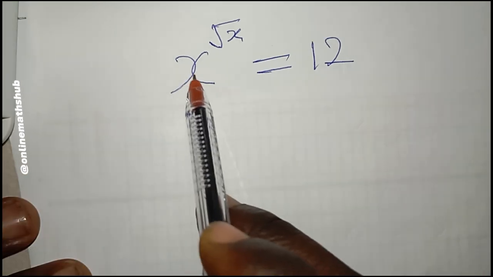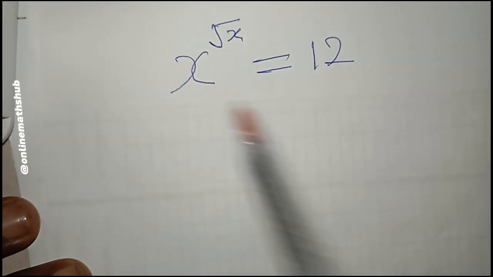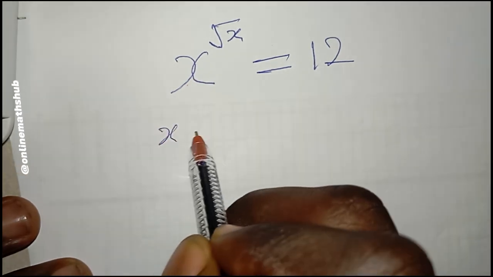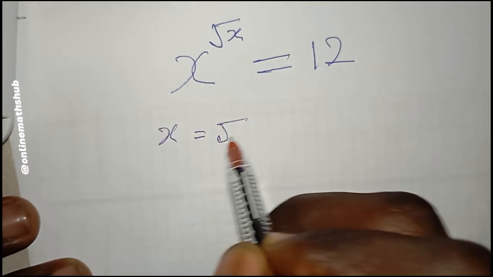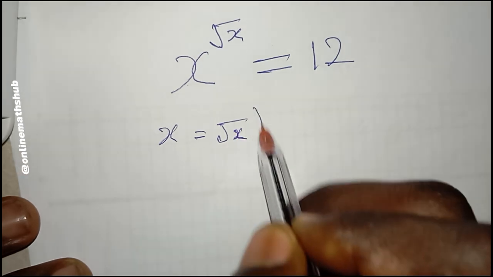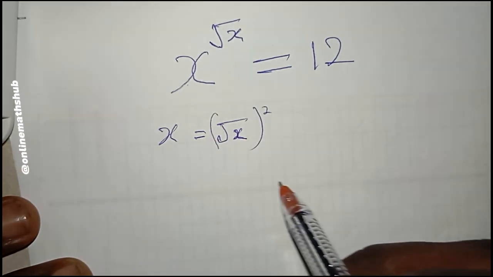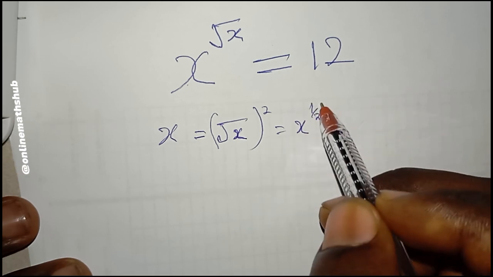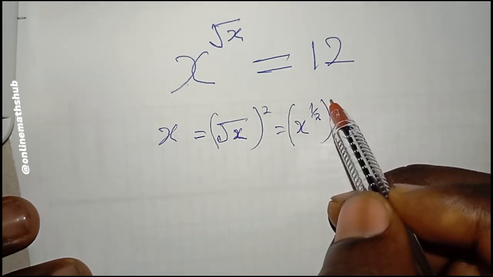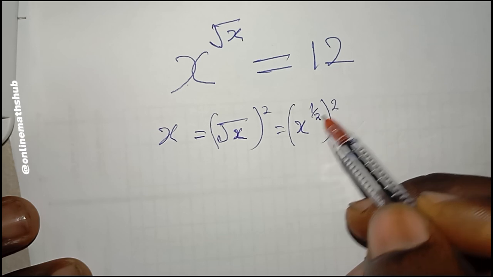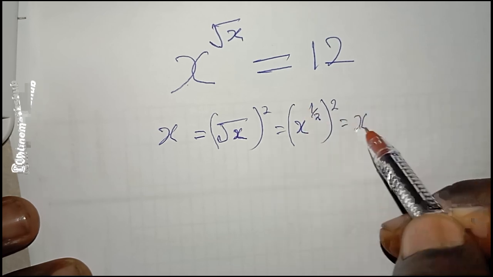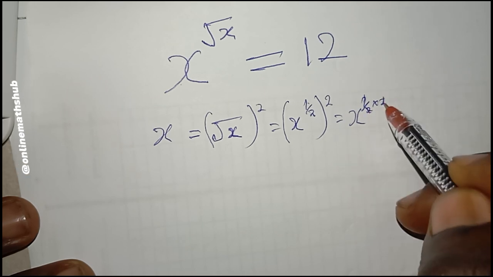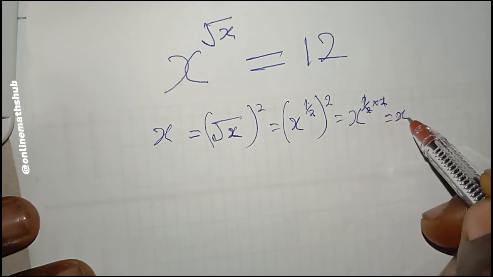As we proceed, what I'm going to do is rewrite this x right here. You know that x is the same thing as writing root x, and then power 2. This root x is the same thing as writing x raised to power 1 over 2, then power 2, so that when you multiply this 1 over 2 by 2, these will cancel, and you are back to x.